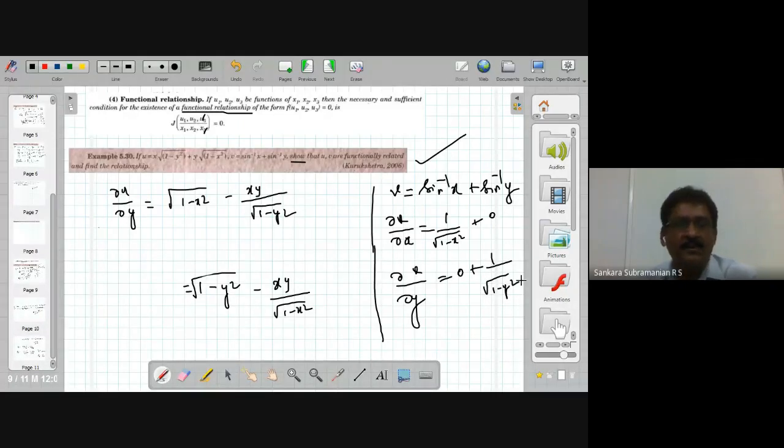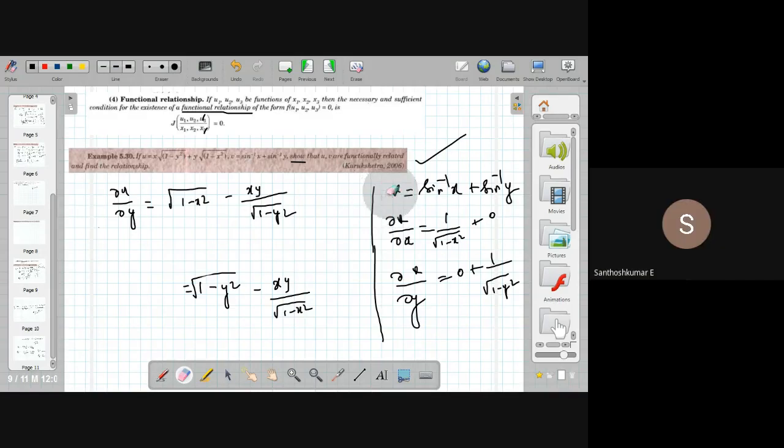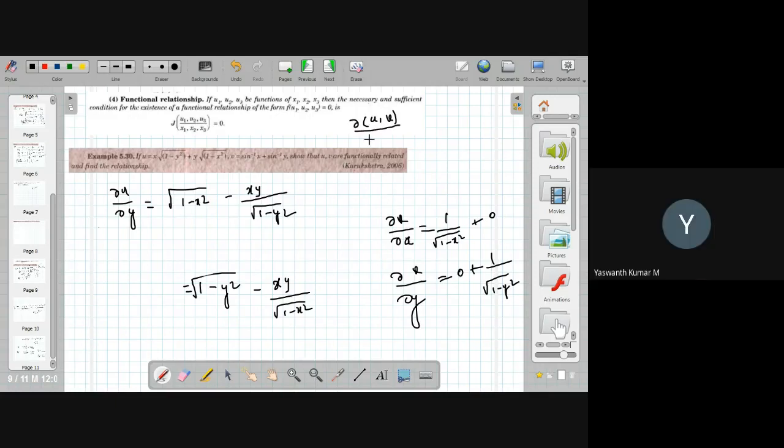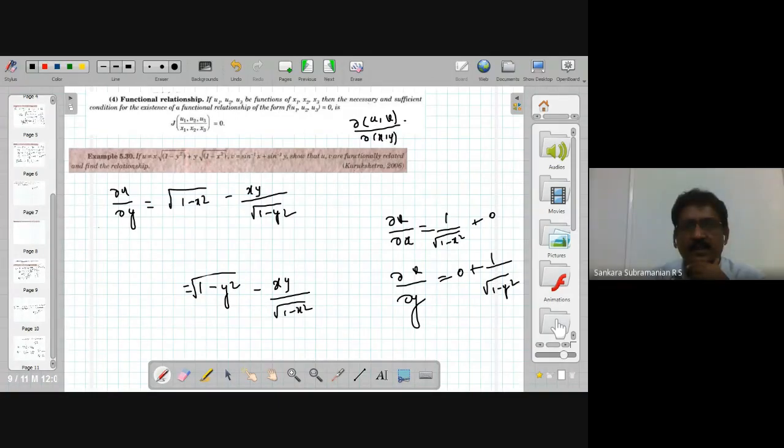Now I want to go for the determinant. Let me go for the determinant. What I want to find actually is, show that they are functionally related, which means I have to find dou of u v with respect to x, y.